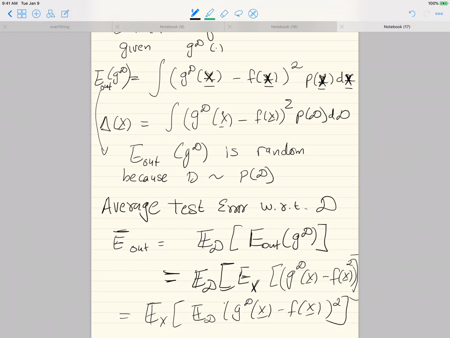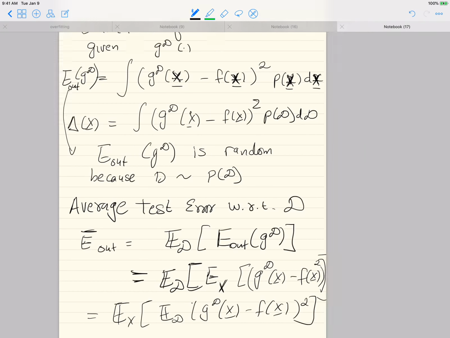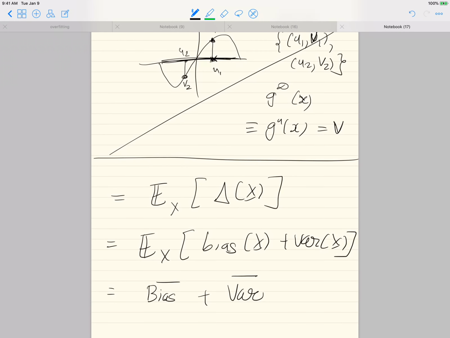So just before the break, we discussed that the average test error in the conventional sense can be obtained by taking E_out of g_D and taking the expectation with respect to D. The way we defined E_out before is we were fixing a training set, looking at the hypothesis, and taking the expectation with respect to x. So we can now write delta of x as the bias plus the variance.